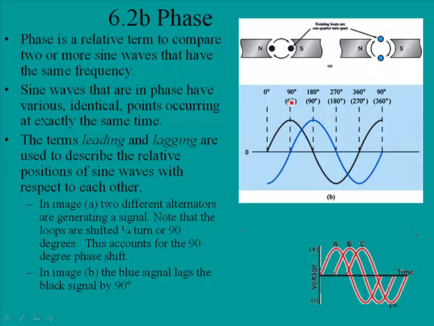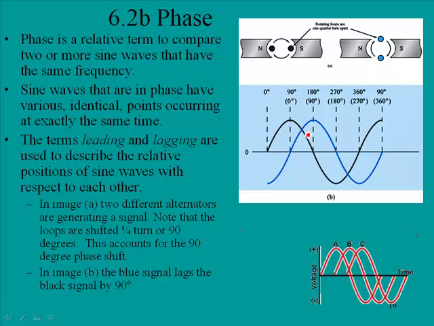And so if we look at it on this scale here, the black dots here are going to equate to the black phase signal here, and this is at the 90-degree point, which is right here. The blue one equates to 0 degrees, which is right here.